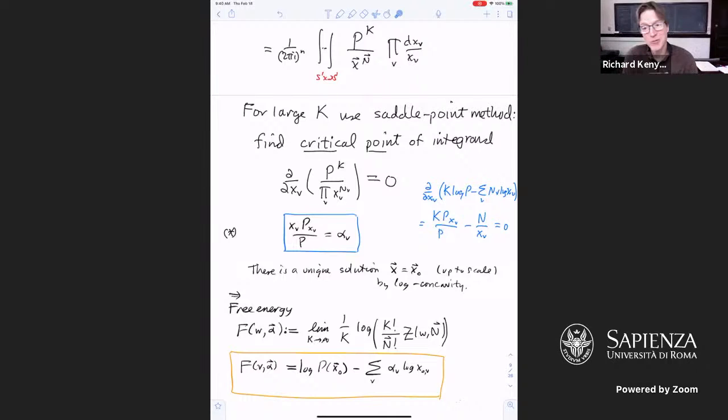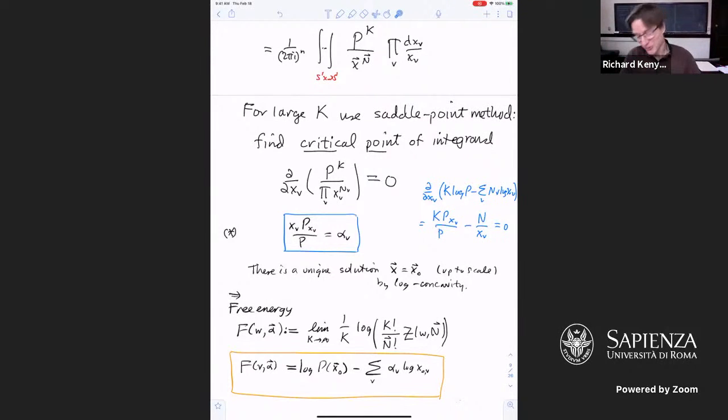And can we solve those equations? Well, you might object that these equations are nonlinear and you're not going to be able to solve those in general. And yes, that's true. But the free energy here is a convex function of the x's.